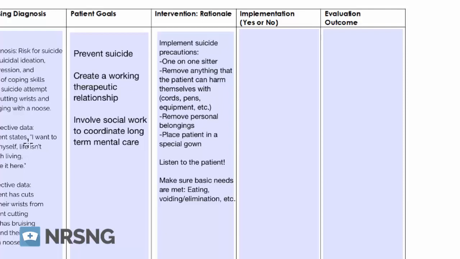You want to remove anything that the patient can harm themselves with. So all of the cords to our monitors, our call light cord even, pens, equipment, anything that a patient could use to harm themselves or to harm others, you want that all removed.